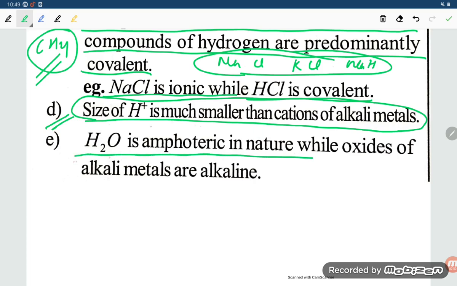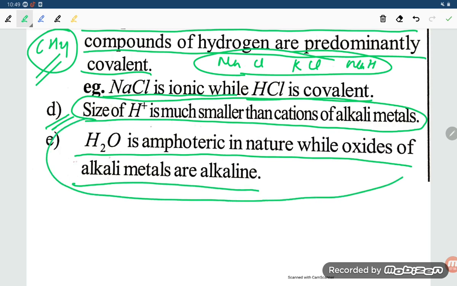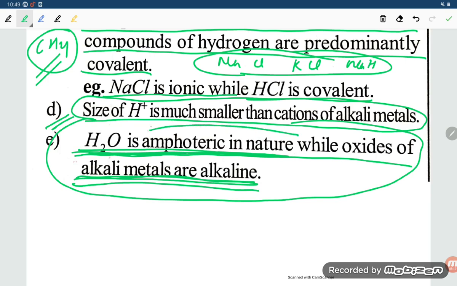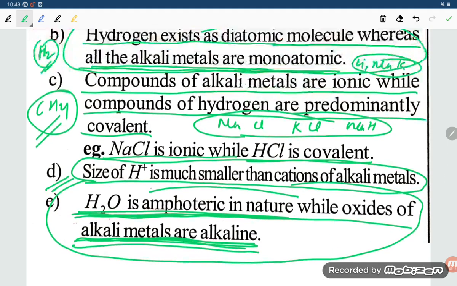H2O is amphoteric in nature, while the oxides of alkali metals are alkaline. H2O is amphoteric, acting as both an acid and a base, while oxides of metals are alkaline, that is basic.